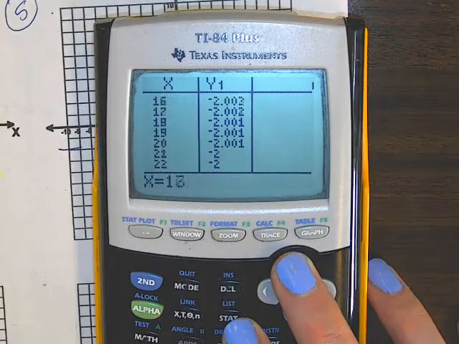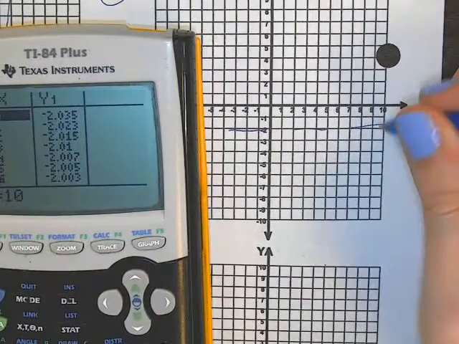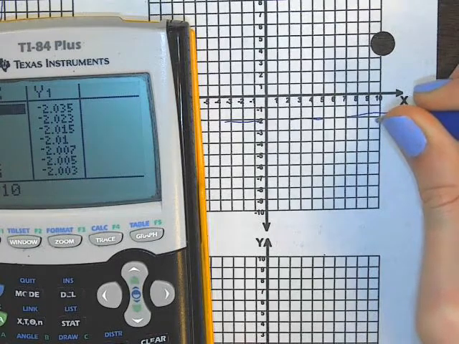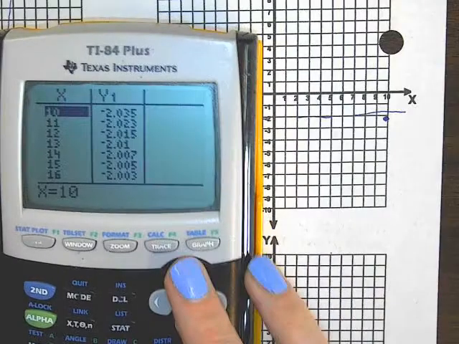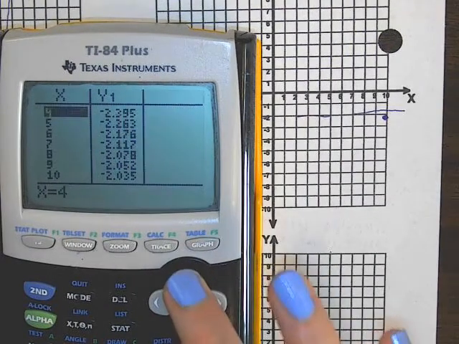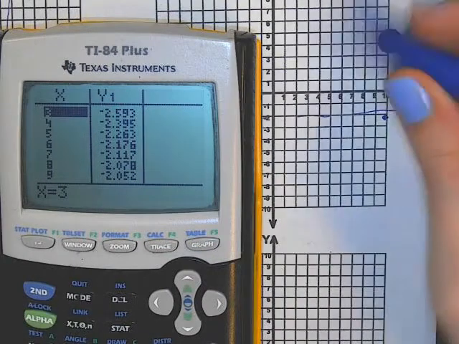All right, let's start on the positive side. Positive 10 is the furthest we can go. So we got -2.035. Which is a little bit below, so practically at -2 right here. It's all about estimation, Abby. So scroll up some more. I'm gonna find one that's a little bit further off than that. So 3, -2.6.